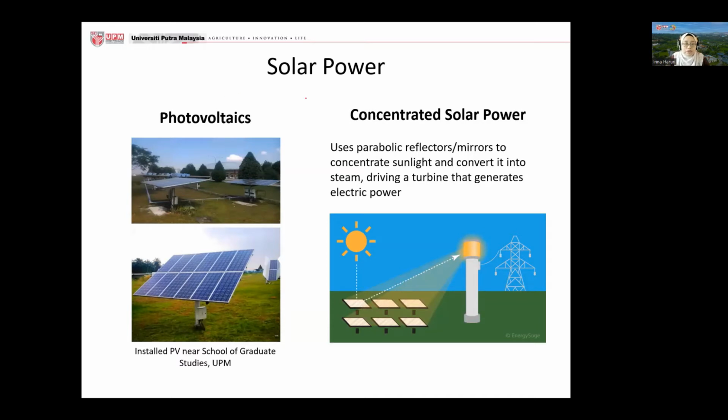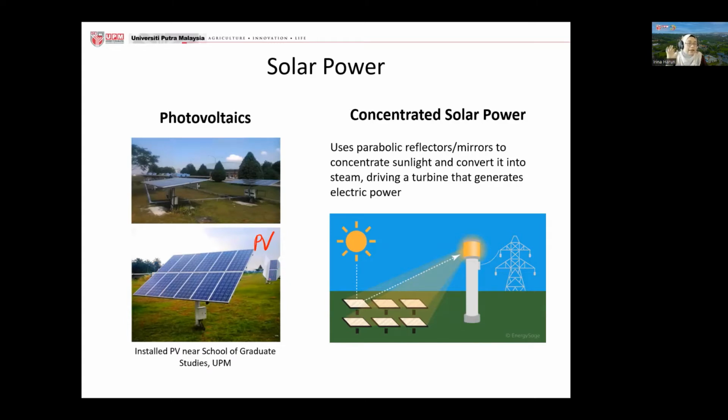Next slide, solar power. This is photovoltaics versus CSP that I mentioned before. Photovoltaics is a no-brainer. You may not know the mechanism of how it works, but basically you have an idea already. You have this solar cell, and the actual term for it is photovoltaics, or PV.